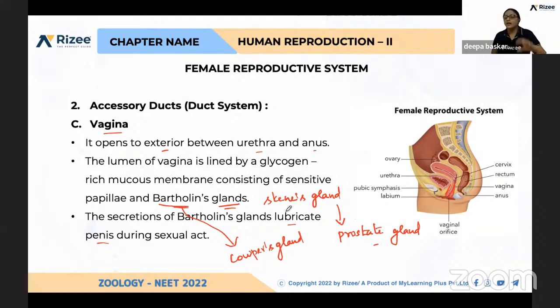These are the points you have to remember, where these glands are present on the walls of the vagina. The lumen of the vagina is lined by a glycogen-rich mucous membrane consisting of sensitive papillae and Bartholin glands. Apart from that, one more gland is there, Skene's gland, which is similar to the prostate gland.